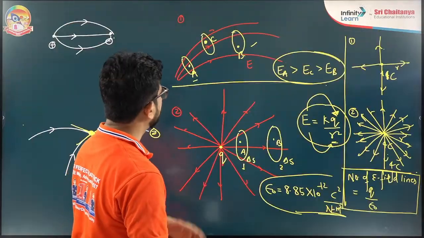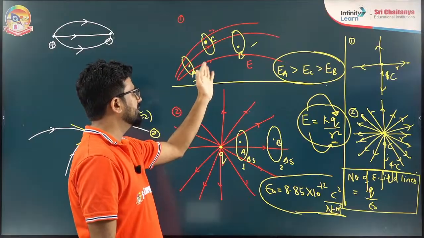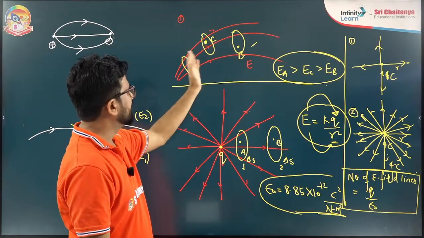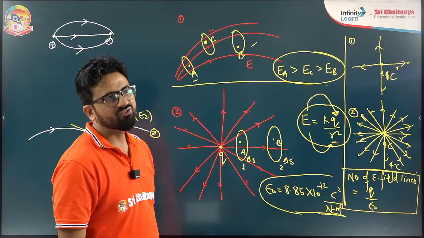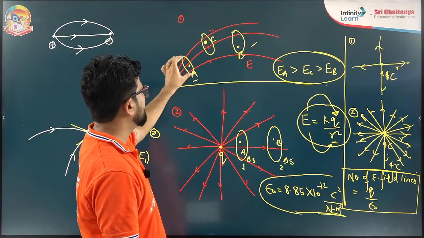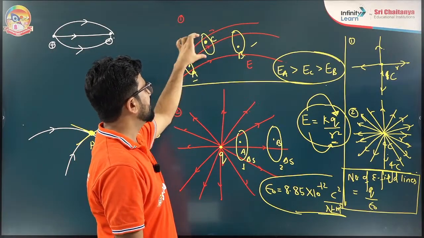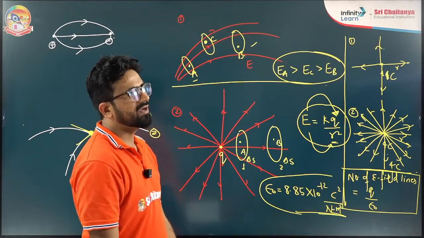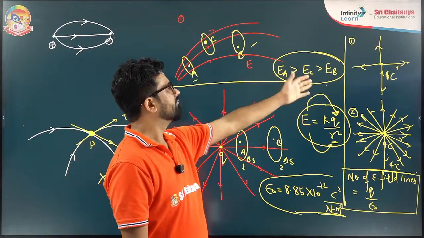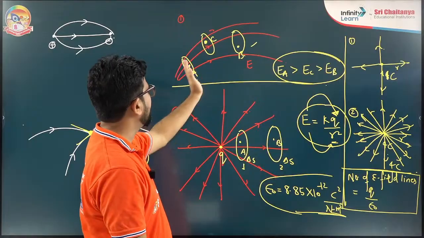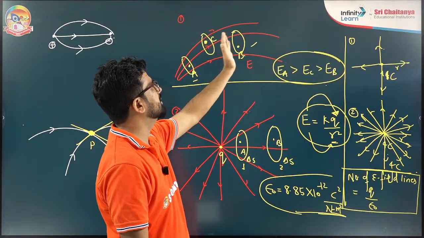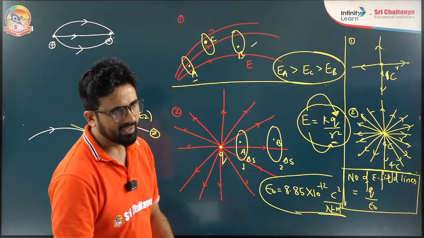We have seen this diagram with region A, region B and region C. Where is the field strong? You can see very clearly that I have taken exactly equal areas, and we are seeing where the field is much stronger. The field at A is much stronger than at C, than at B.